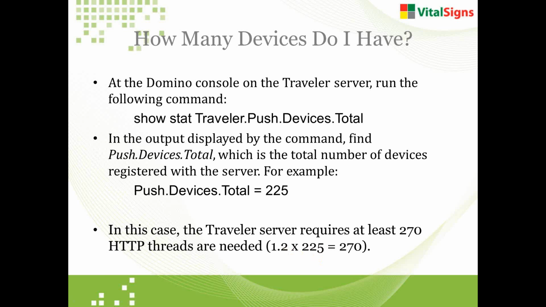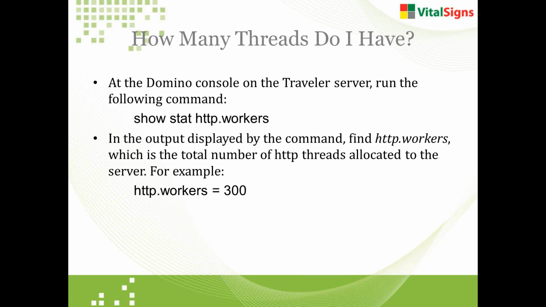Now you might be tempted to say, well, if I need at least 270, why don't I just set it to 800 or 1,000 or 5,000 so I never have to worry about it? Well, it doesn't quite work that way, because as you're saying, this is how many threads I can consume, and the Traveler server allocates a certain amount of memory to service those, and you don't really want to divert more memory than you have to.